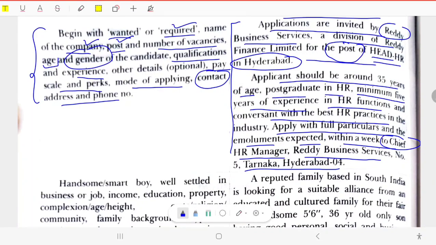Qualification is given, his degree should be in HR, and he should have experience. These things are included. Finally we put the advertisement in the box. So if I erase all the things which I underlined, finally it should look like this.